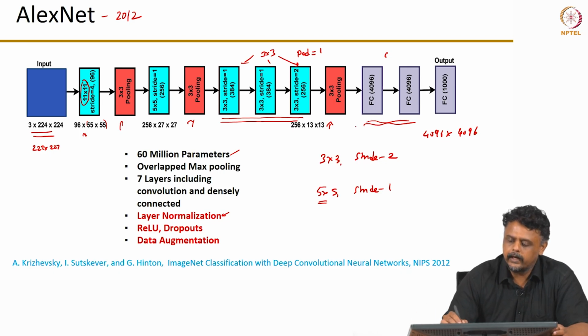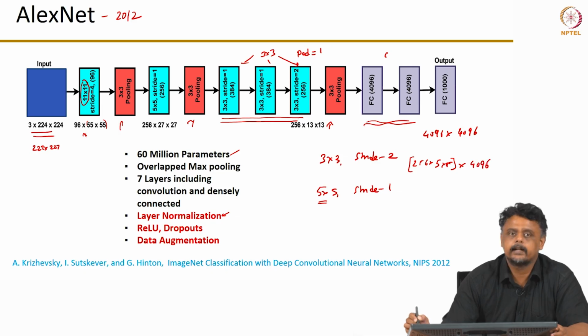If you look at the max pooling following this, the input is 256 cross 13 cross 13 to the max pooling layer with a stride of 2. So, if you have pooling 3 by 3, you will have about 256 cross 5 cross 5, I think, and you unroll this and follow up with a fully connected layer to 4096 activations.